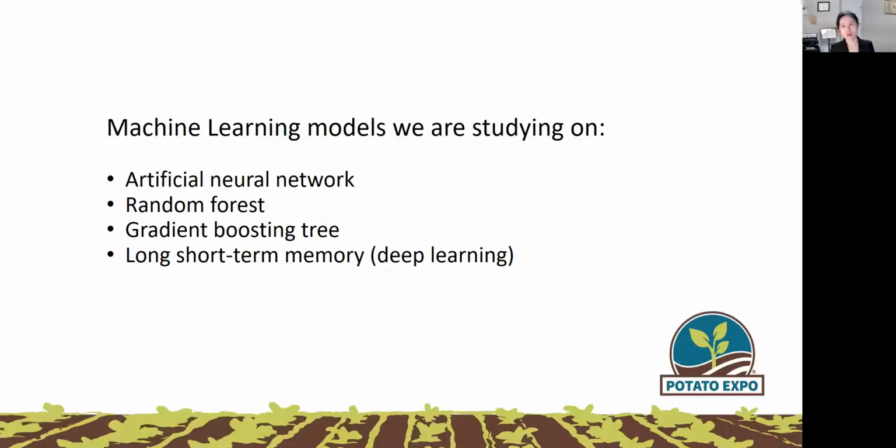Here are some machine learning models we're studying, including artificial neural network, random forest, gradient boosting tree, deep learning, and so forth. You might have heard of those models. I think those models are being more and more studied, to explore their use in agriculture.